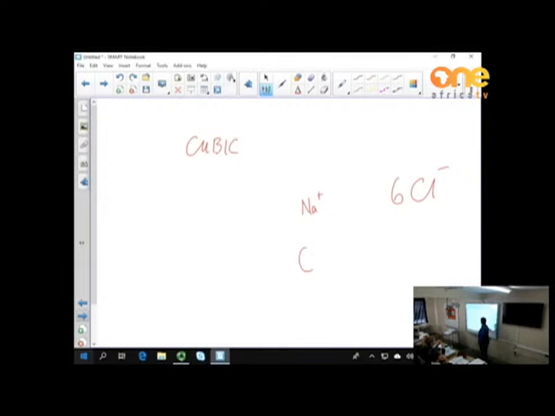And each chloride ion is surrounded in 3 dimensions with 6 sodium ions to form this cubic structure of the crystal lattice. That is the only one you need to know of.